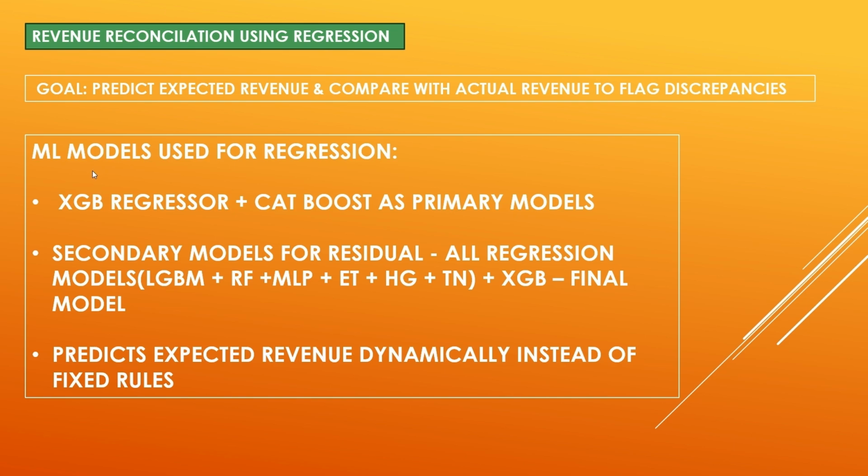So what models have we used? XGB regressor plus CatBoost as primary models, and there are secondary models also for residuals. All of these are regression models. On the classification side we used classification models, but now we are using all regression models.